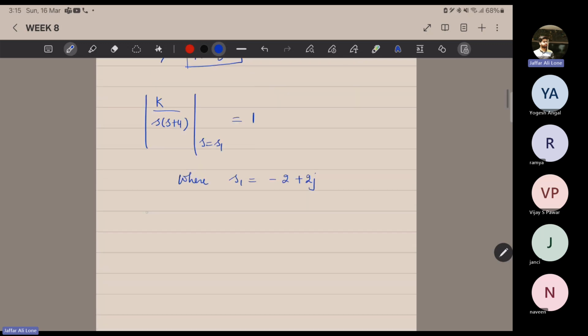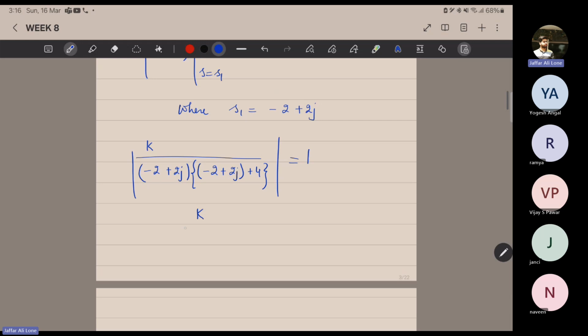So k divided by the magnitude of minus 2 plus 2j into minus 2 plus 2j plus 4 should be equal to 1.